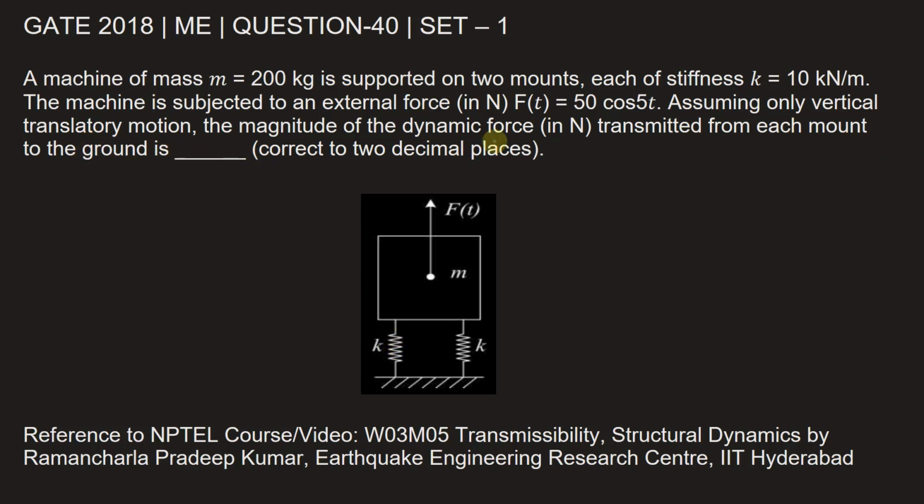We need to find the force that is transmitted from each of these springs or mounts. The expression for transmissibility ratio is given as transmitted force Ft divided by the amplitude of the force applied, that is F naught. In the given question we have F(t) equal to 50 cos 5t.